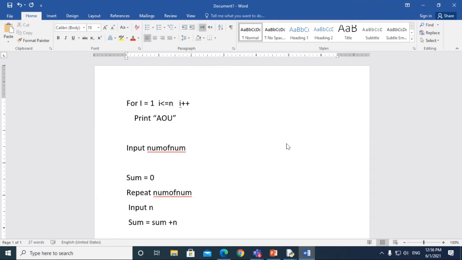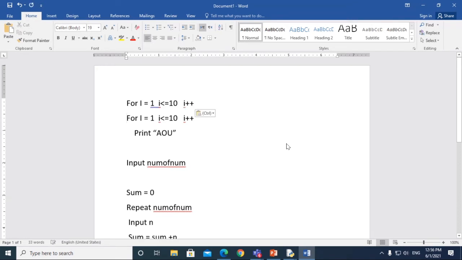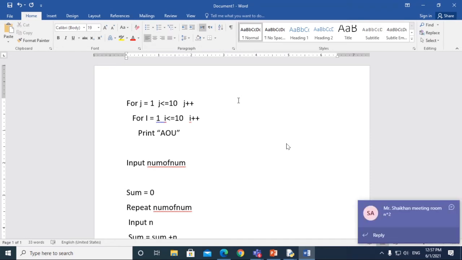Now, look at this case. For i, for j, how many times will AOU be printed? n squared: 10 times 100, 100 times, 10 by 10, multiply.